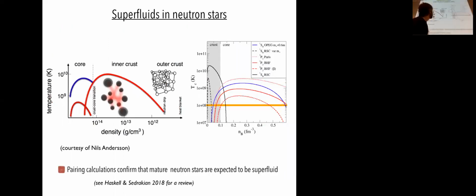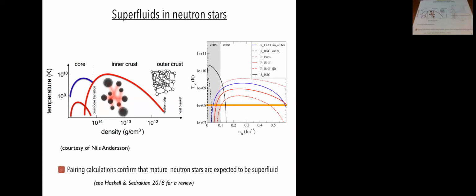And if we try to look at this a bit more quantitatively, and you look at the pairing gaps in the neutron star, this confirms that mature neutron stars are expected to be superfluid. In the inner crust, the protons are in clusters, they're in this crystal.